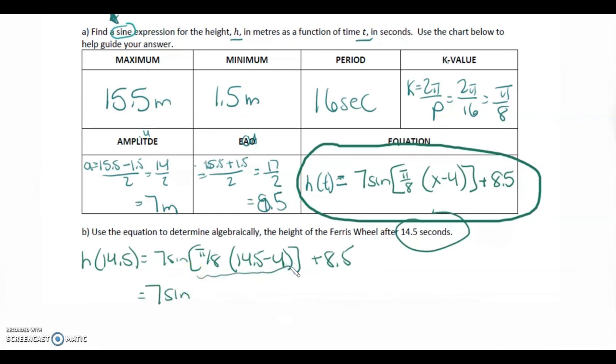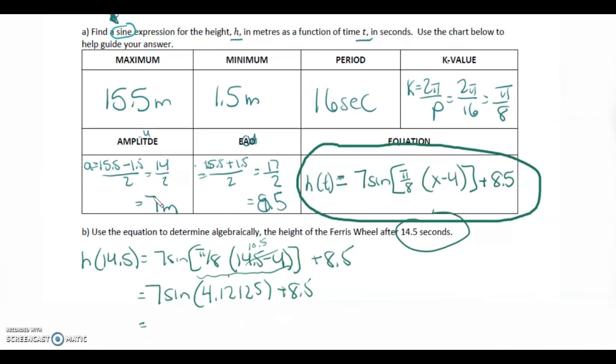So 14.5 minus 4, this is going to give you 10.5. I am going to multiply it by 3.14 divided by 8. We are going to get a decimal, and that's not going to change, okay? Because this doesn't nicely cancel with the pi by 8, and because it's not nicely one of the special triangles, we know we're going to get a radian measurement that has a decimal in it.